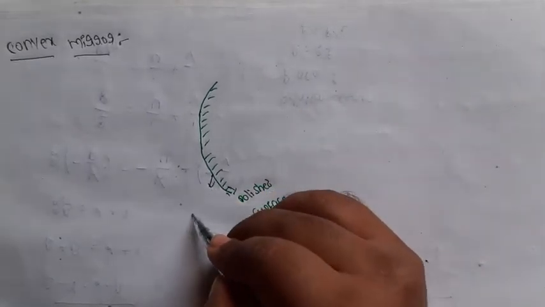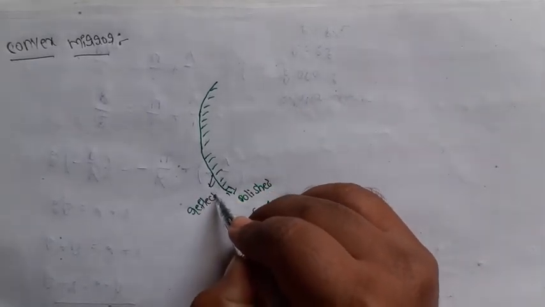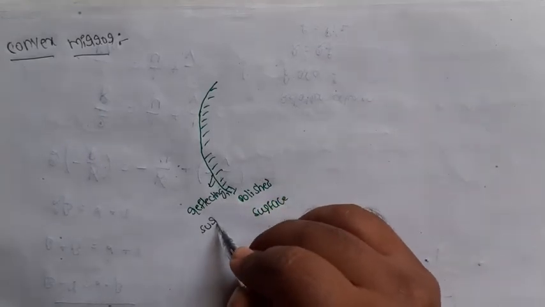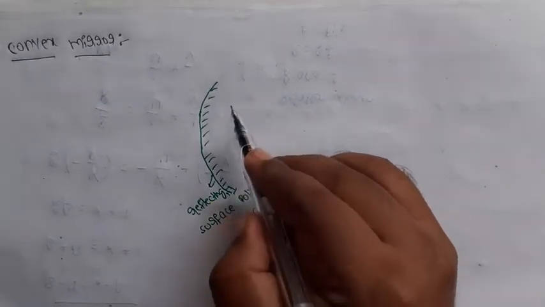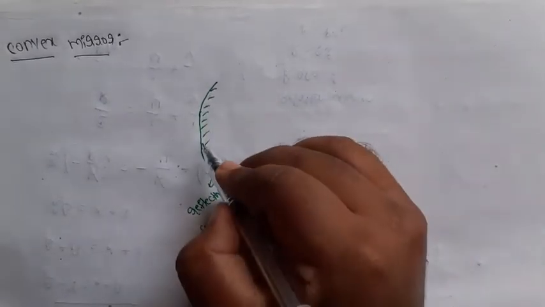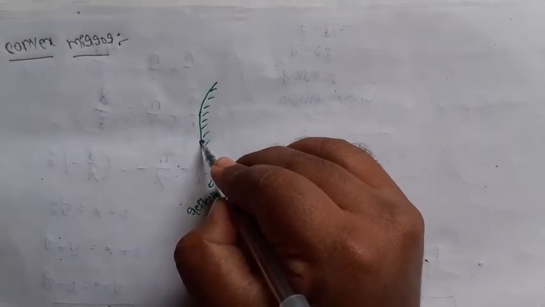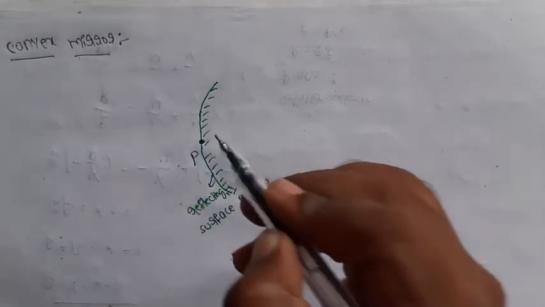This is the reflecting surface. Okay, where is the pole of the convex mirror? Center of the curved mirror. This is the center of the curved mirror, at this point, pole.